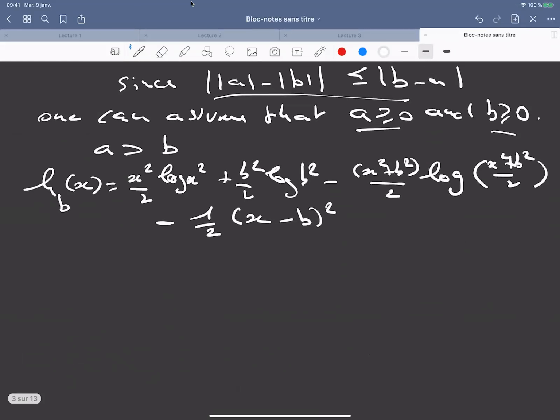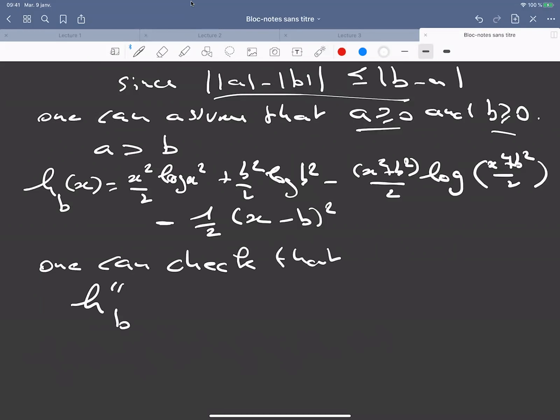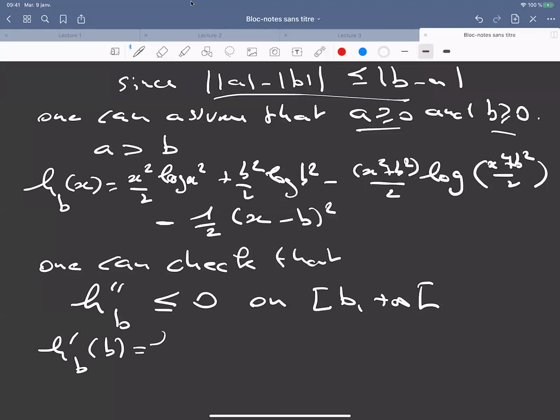So what can be checked on this function h is that the second derivative of h is non-positive on the interval b to infinity. And since the derivative at point b is equal to the value of the function at point b and is equal to 0, this implies that h_b is non-increasing.